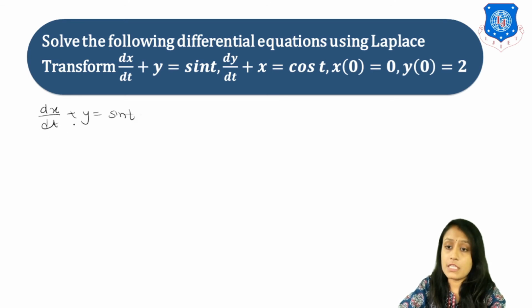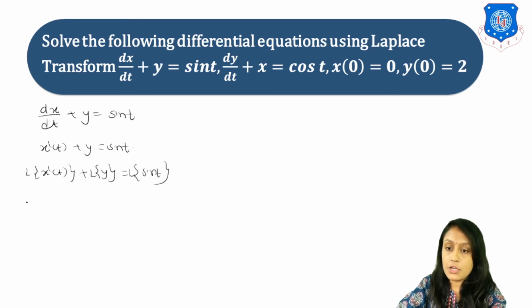Now apply the Laplace transform. So this is x'(t) plus y is equal to sin t. On applying the Laplace transform, what will you get? Laplace transform of x'(t) plus Laplace transform of y is equal to Laplace transform of sin t.